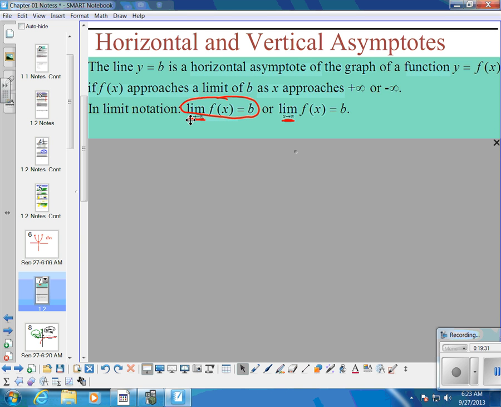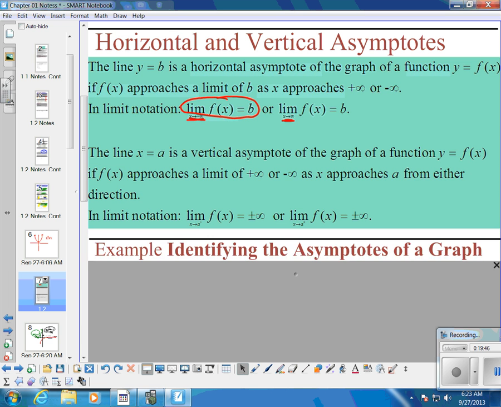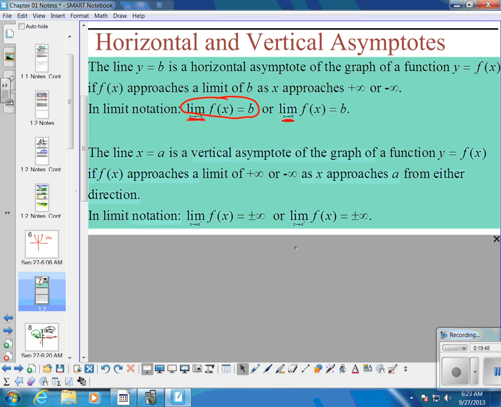Okay, so you check both ways. This is the same type of thing when I ask you later on about end behavior. You're doing this exact same thing, just like when you're checking for or describing horizontal asymptotes. There's also vertical asymptotes, sometimes.